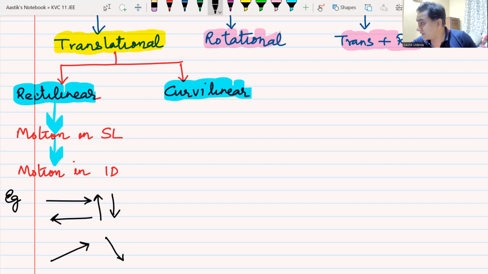The best example is this, turning and coming back. The rubber eraser is the body. I throw it up, and it comes back.